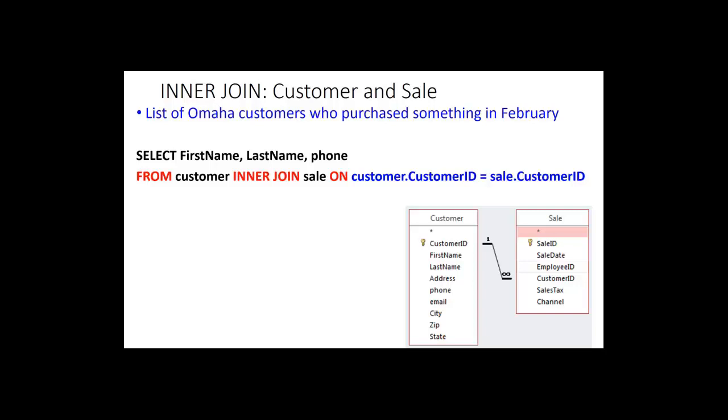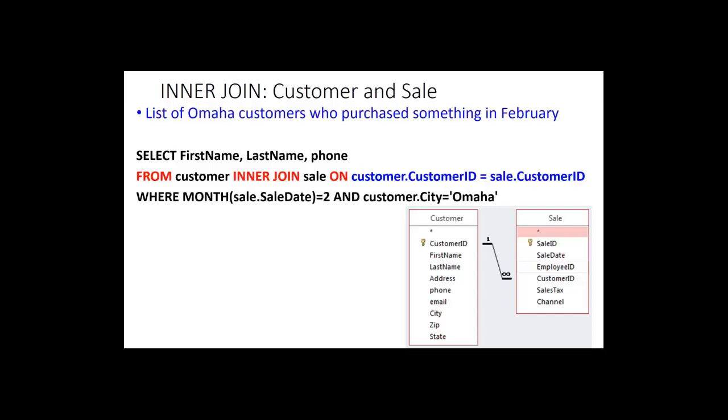The two tables are involved on both sides of inner join on the pair of primary and foreign key, customer.customer ID and sale.customer ID. This syntax, table name dot field name, is required when you're using two fields from two tables, and those fields have identical names.